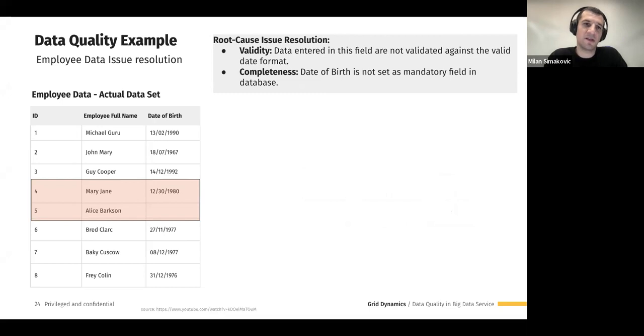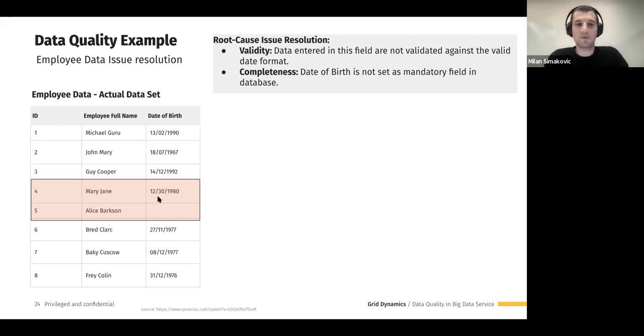So the third step here is to do the data issue resolution based on 2 steps. First step is to fix the existing data set. The second step would be to fix the root cause that is causing these data quality issues. So fixing here would be very simple.